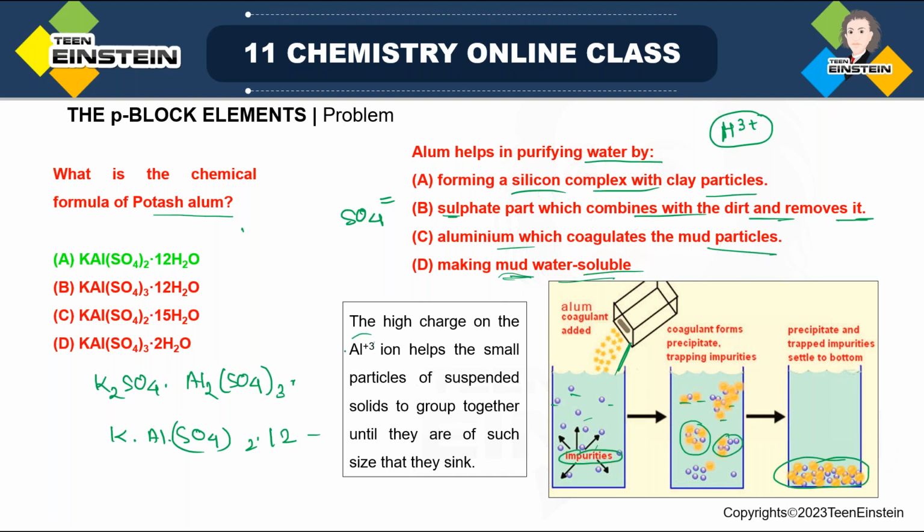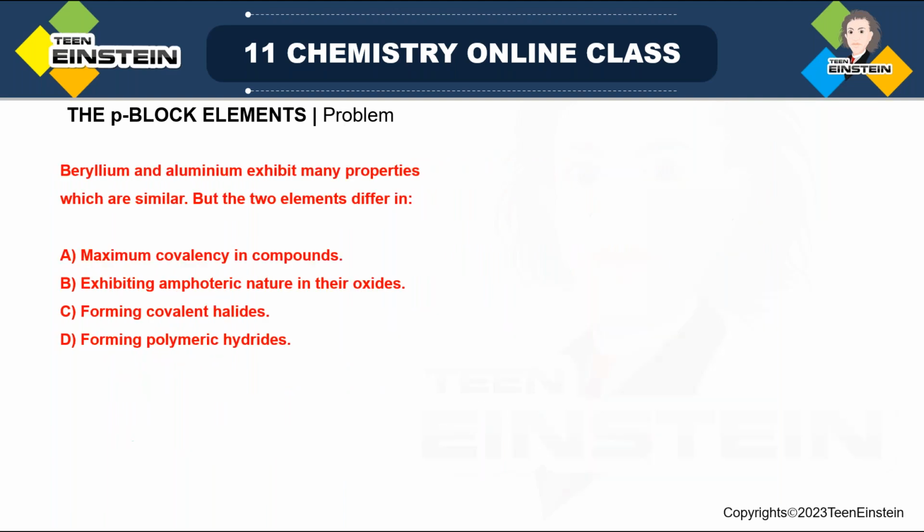It is because of this high charge of aluminium 3+ that the small mud particles, which were before in suspended state, now group together. When they come close to each other, they form large particles and sink, and then we can decant or filter the clear water. So it is not making the mud water soluble, it is completely removing the mud, and that we can do by filtration. Fine.